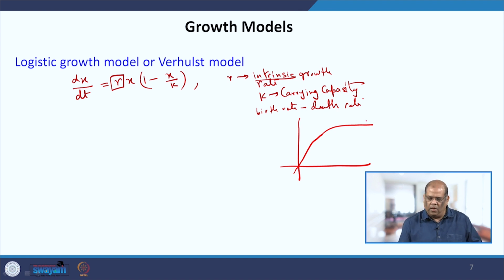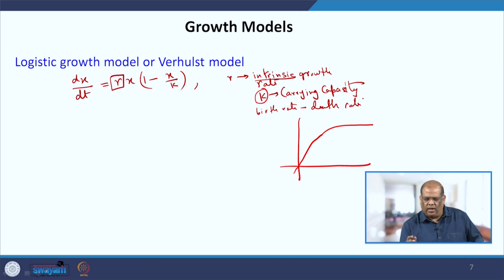So, this carrying capacity is something which your environment can support. For example, you consider this tumor growing in the liver. How much can that body provide support to that tumor so that it can grow substantially? That is what is called the carrying capacity.